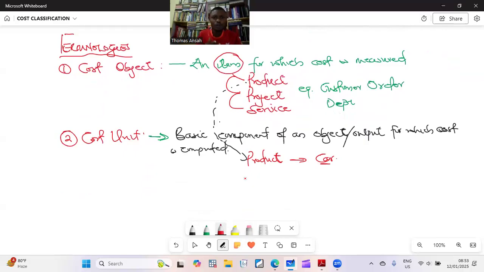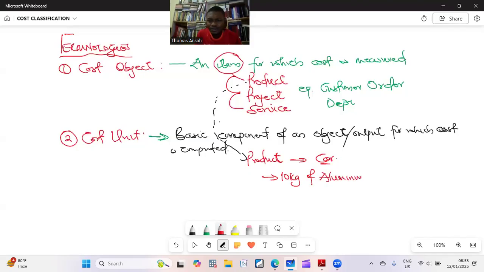When you are producing a car, you need to build up the car: the aluminum content that you have to bring in, the person who did the work, and some of the expenses for the seat in the car. So a cost unit includes, let's say, 10 kg of aluminum.